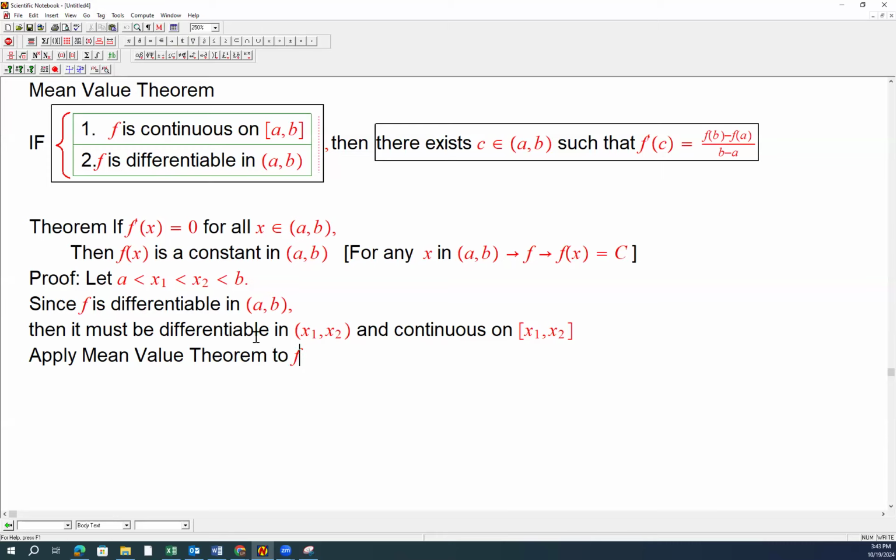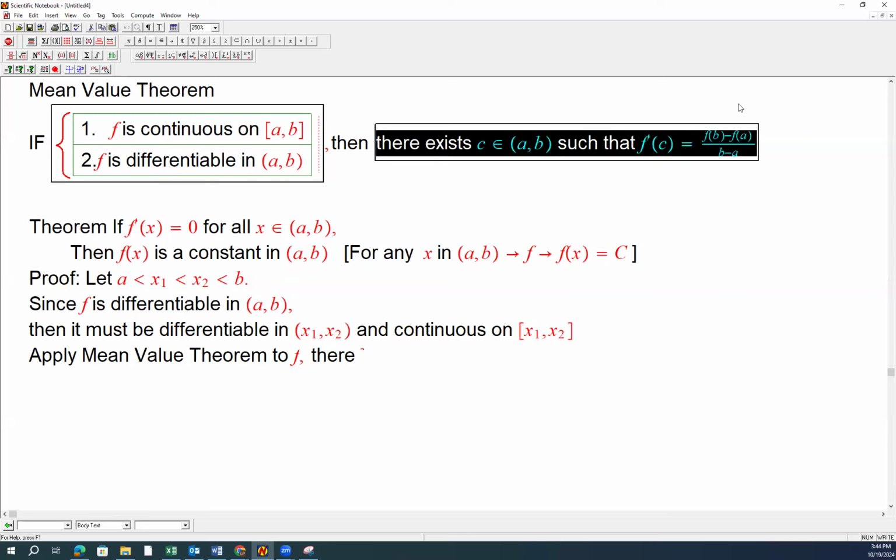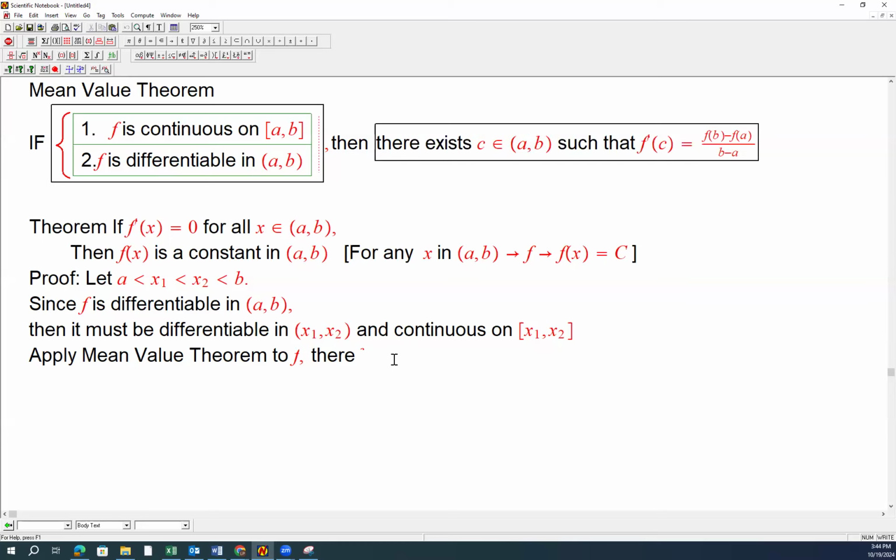And since both conditions are satisfied, we can claim there exists, and the mean value theorem is applied on this subinterval inside (a, b). So we're just going to copy the sentence, except it's on the interval x1 to x2.